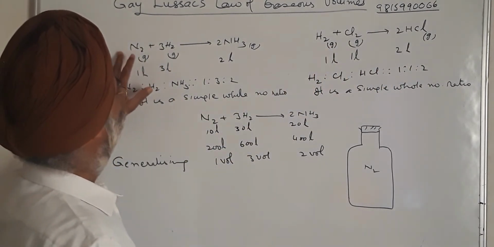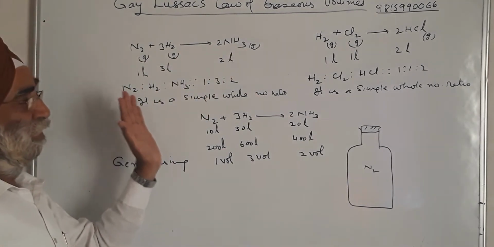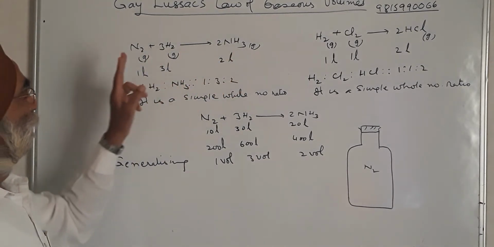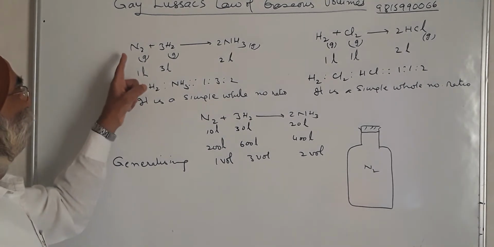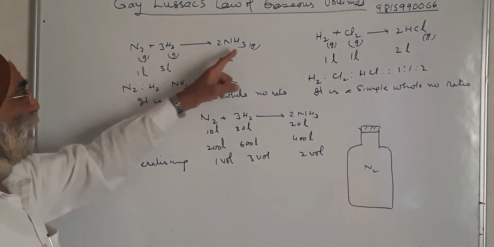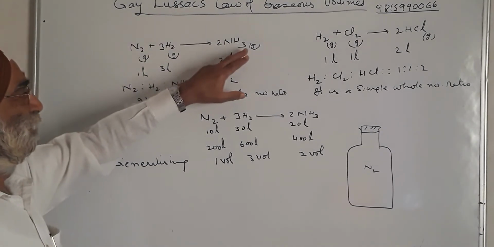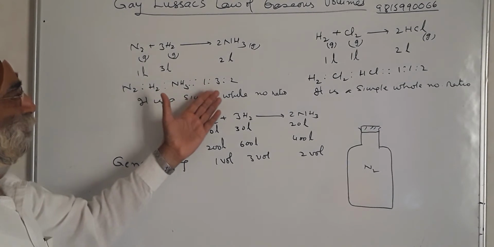Nitrogen is gas, hydrogen is gas, ammonia is gas. This law extends from reactants to the products. The ratio between volumes of nitrogen, hydrogen and ammonia, reactants and product, is a simple whole number ratio, and this is 1:3:2.